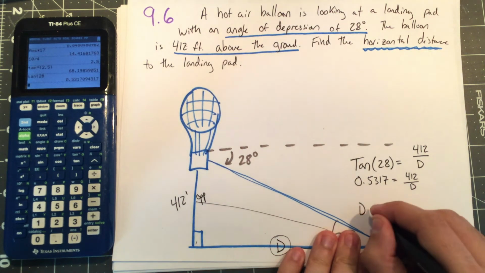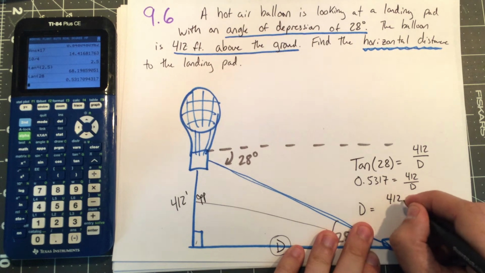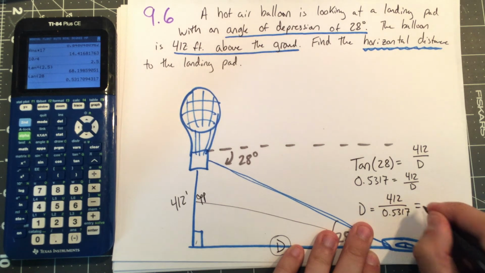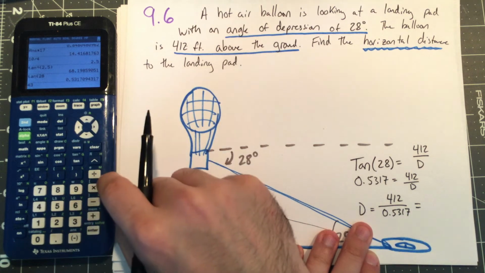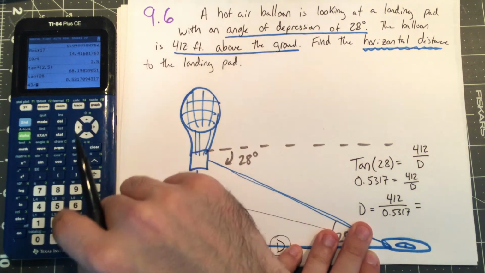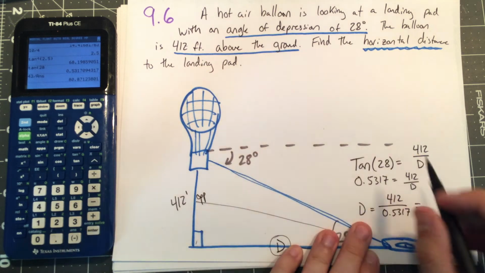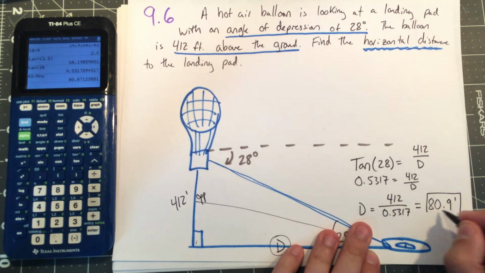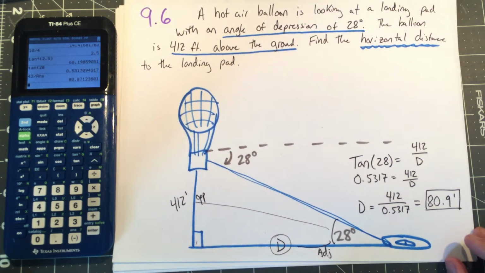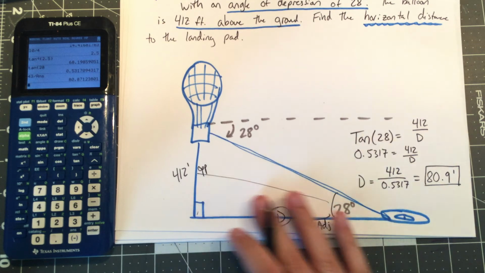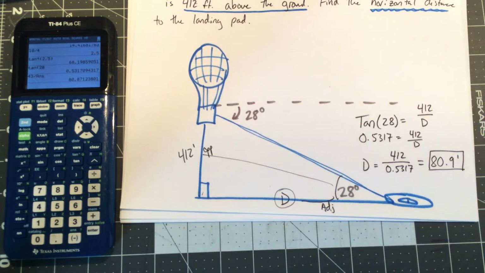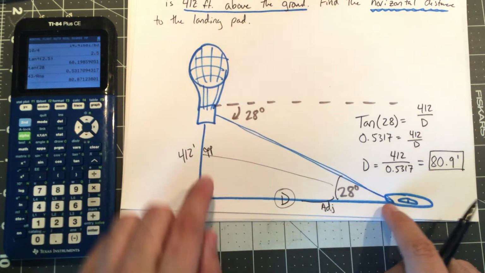What ends up happening is they swap places. 0.5317. And so d is roughly equal to, I'm going to have to cut off some decimals, about 80.9 feet. Feet because we were working in feet earlier. So you can see this is not exactly accurate because this is a lot higher than this one.